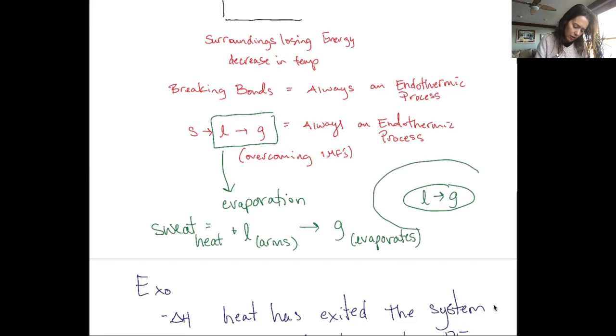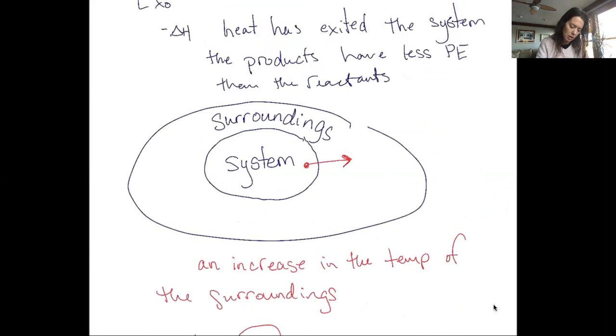The surroundings is your arm. So the heat leaves your arm and goes into the system, and your arm cools down. Does that kind of make sense to you?